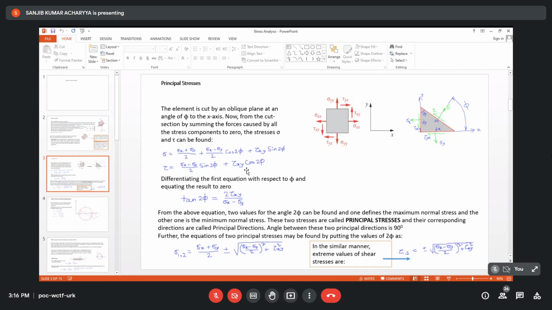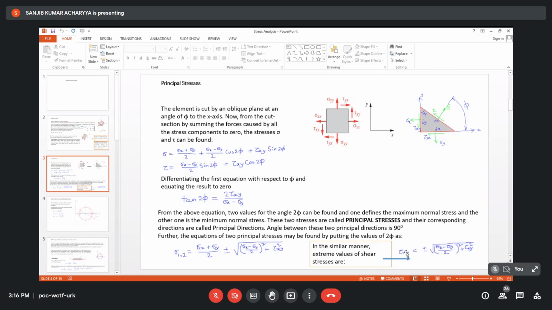To know the tau max, isn't it? Yes, sir. So again, we can equate del tau del phi to 0 and can find out where the maximum tau occurs.